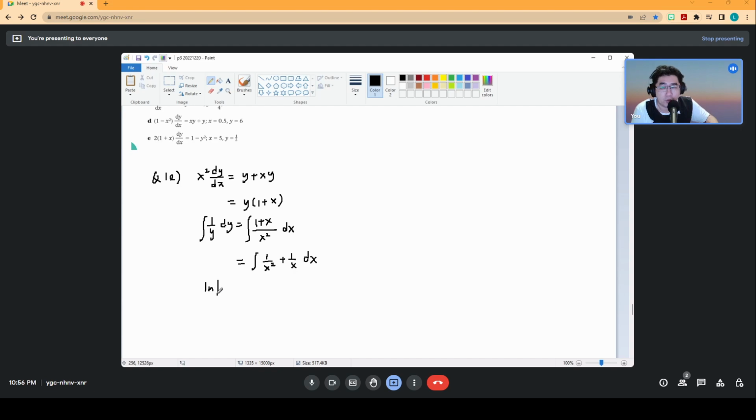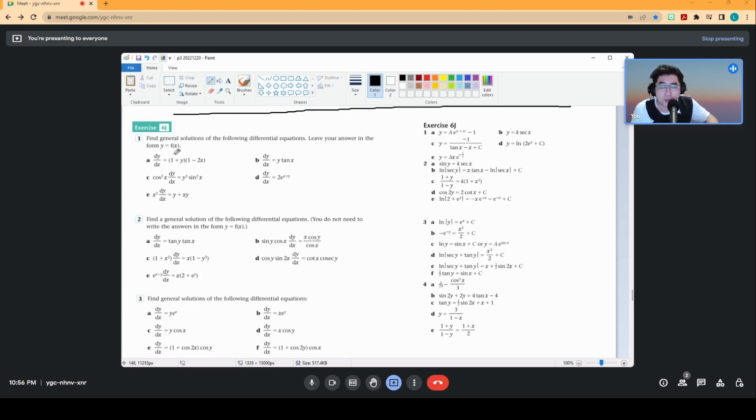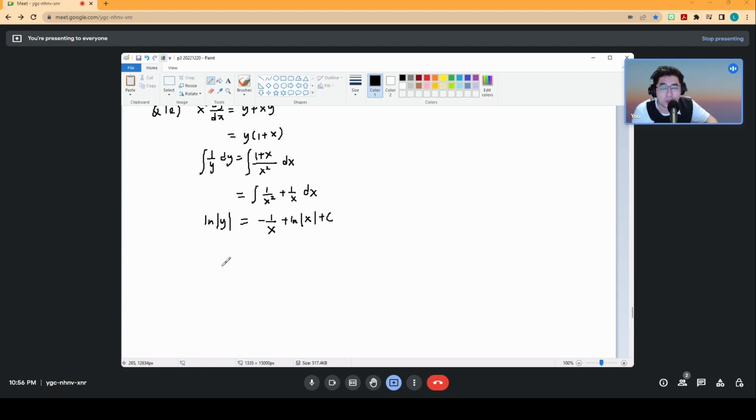So you have ln y equals -1 over x plus ln x plus c. Since the question asks us to write in the form of a single y as the subject, we have to arrange accordingly. So I have y equals e to the power of (-1 over x plus ln x plus c).